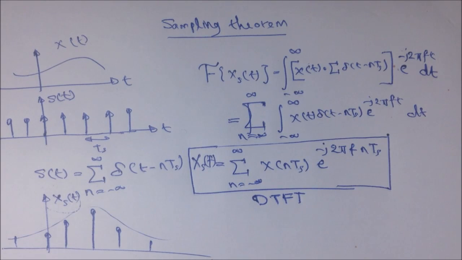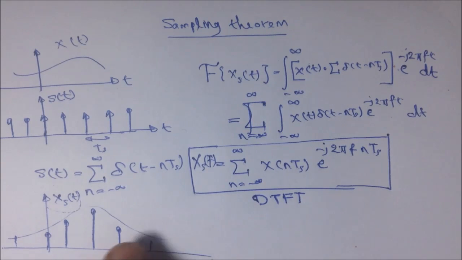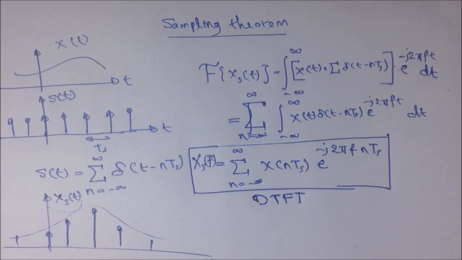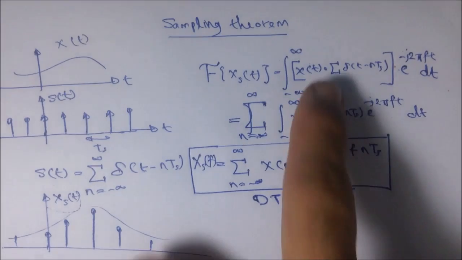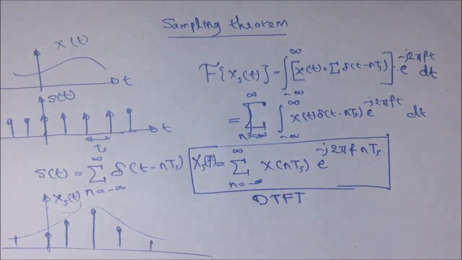So basically what we have done is create a transform that is specifically designed to handle discrete signals like this, and we call it the discrete time Fourier transform. We don't have to repeat this simple derivation each and every time we encounter a discrete signal. We just directly use the discrete time Fourier transform.